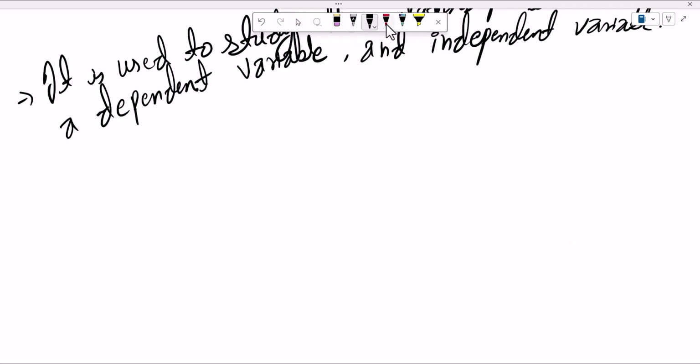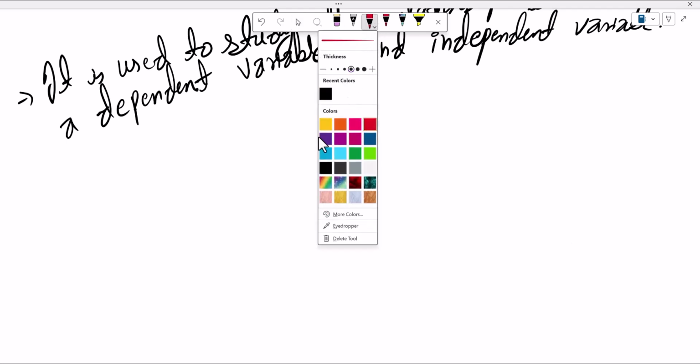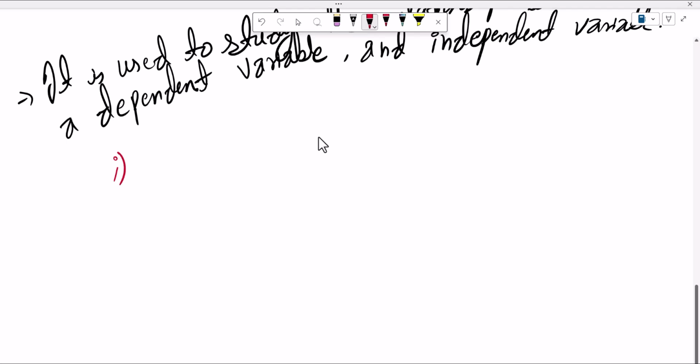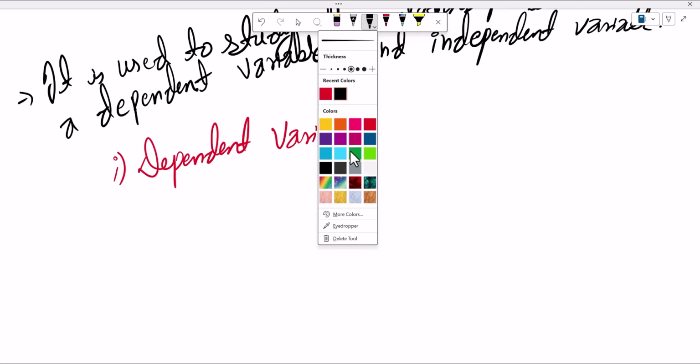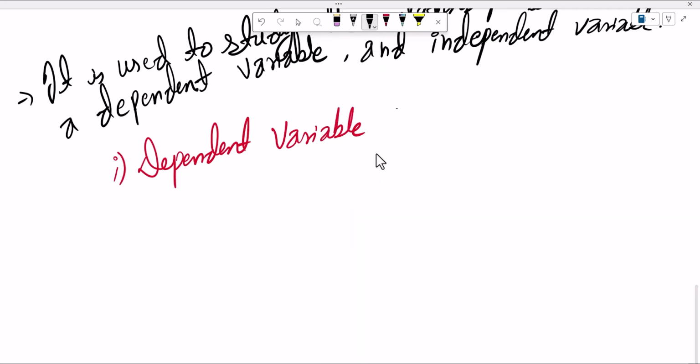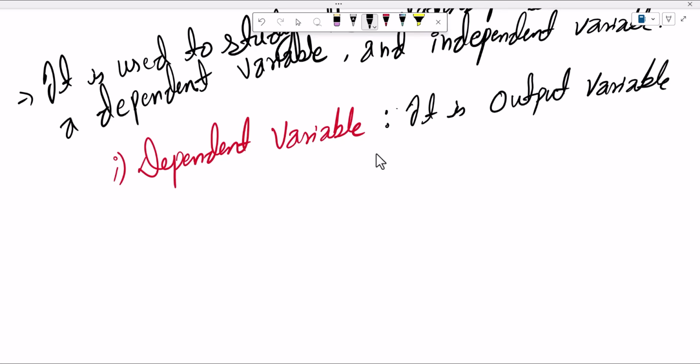Let us discuss what a dependent variable and an independent variable are. First, the dependent variable: simply it is the output variable. Its value depends on change in the independent variable.